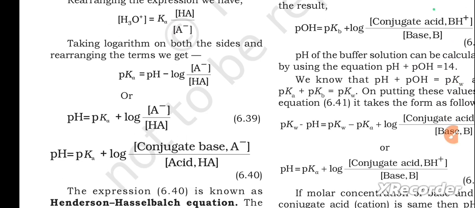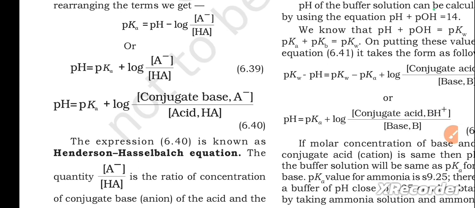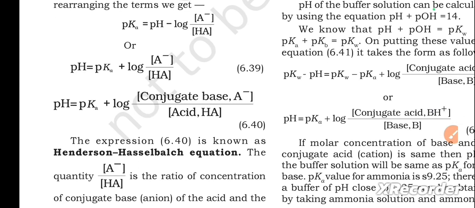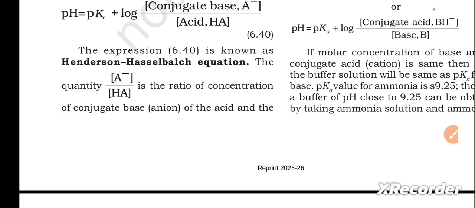Taking logarithm on both the sides and rearranging the terms, we get pKa = pH − log [A−]/[HA]. pH = pKa + log [A−]/[HA], equation 6.39. pH = pKa + log [conjugate base A−]/[acid HA], equation 6.40. The expression 6.40 is known as the Henderson-Hasselbalch equation.